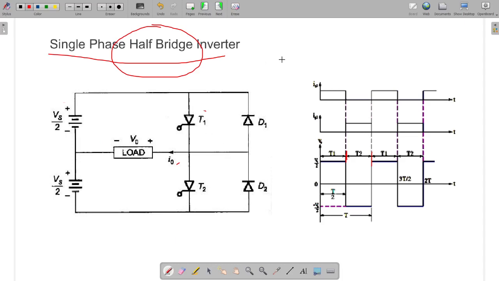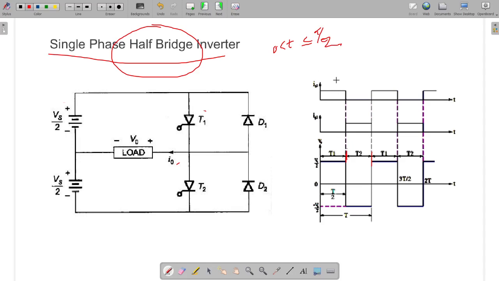So in the first case, 0 less than t less than or equal to t by 2, up to here only.